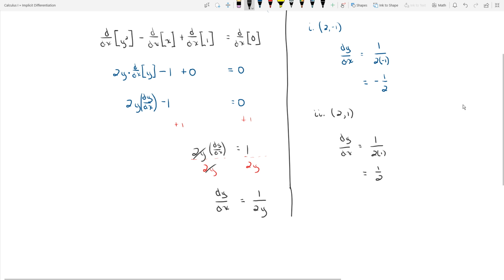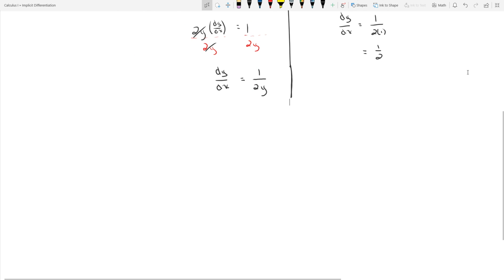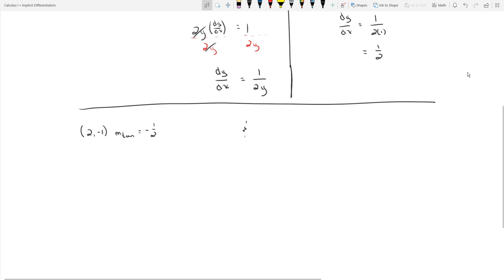And we can continue. We can then find the equation for the slope of a curve at those points. And if we did that, then we would have the point (2, -1) with a slope that is equal to -1/2. And we have point (2, 1) with a slope of +1/2.